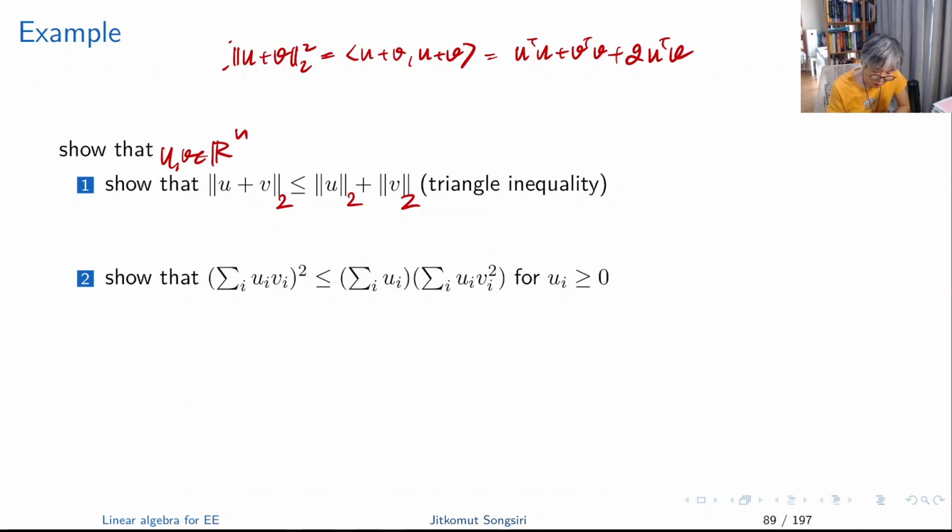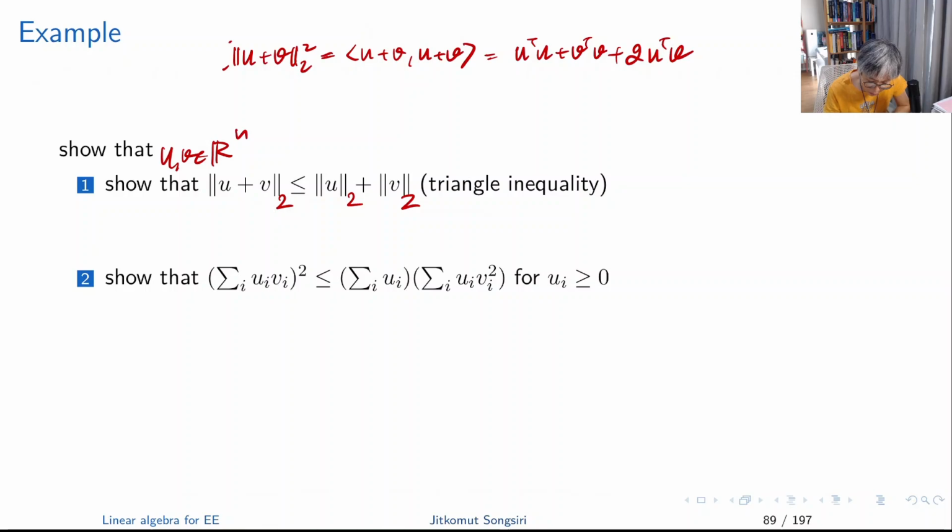You get a factor of 2 because you have u transpose v and v transpose u. In the vector space R^n over the field of real numbers, the inner product of u with v and v with u is the same, it is symmetric.